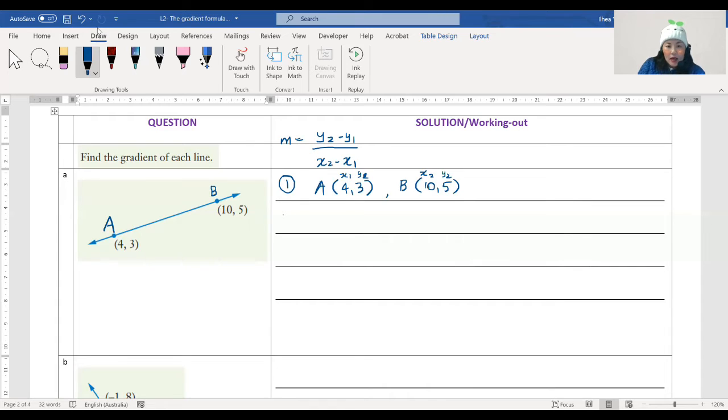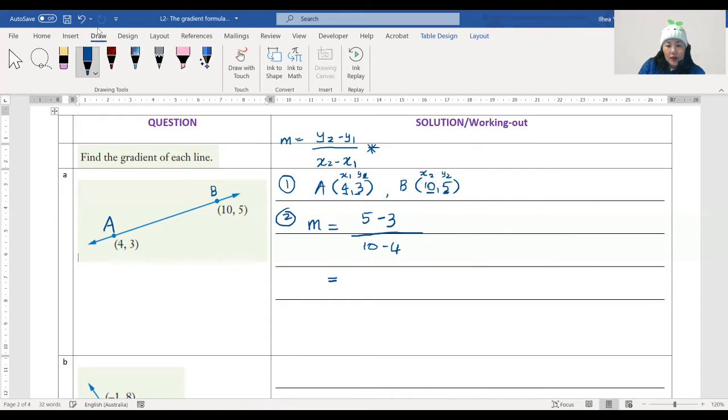And then I'm going to use my formula for gradient, which is right here, y2 minus y1. So I'm going to go with 5 take away 3, and then 10 take away 4. That will give me my gradient.